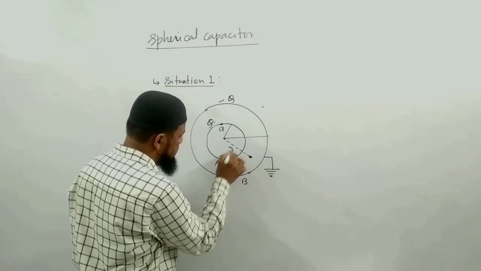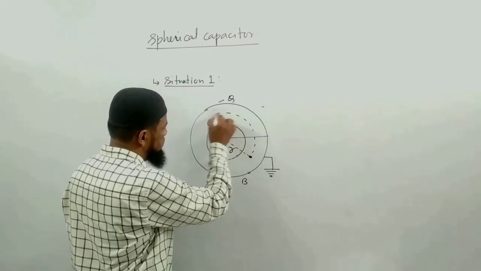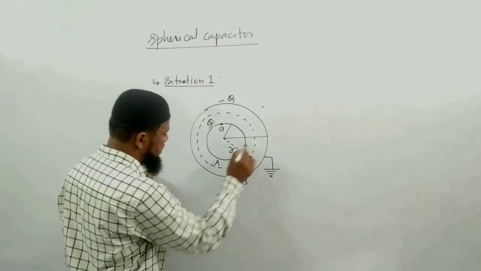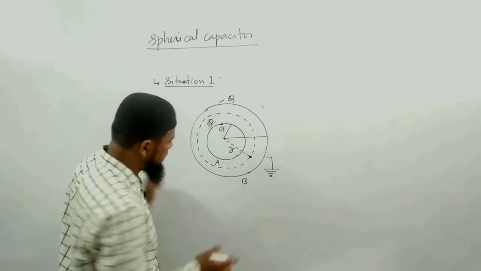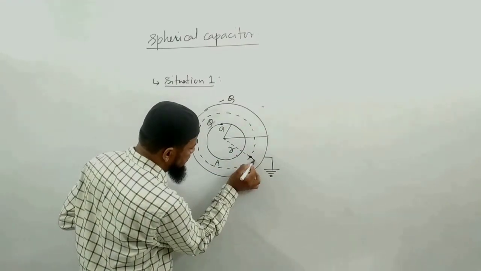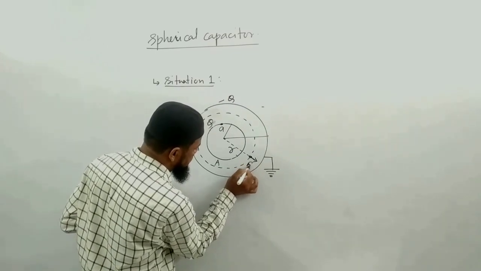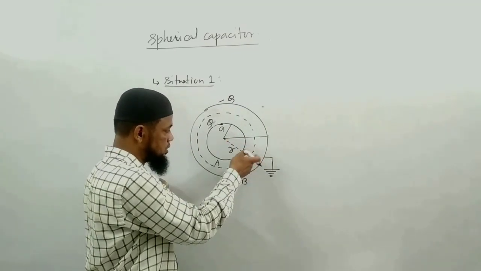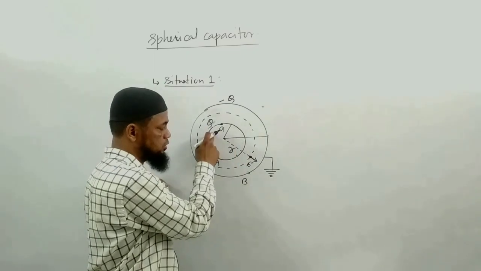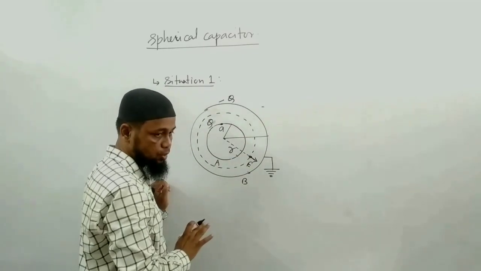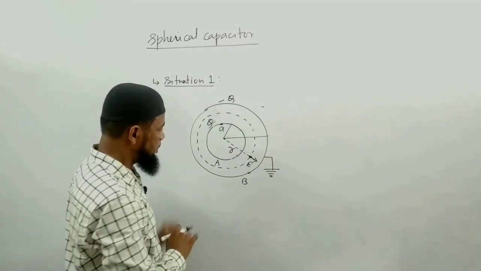Let me consider a point here at a distance r. At this particular point, what is the electric field? Definitely the electric field will be outward, because at this point the electric field is only because of the inner charge. For the outer charge there will be no electric field out here.